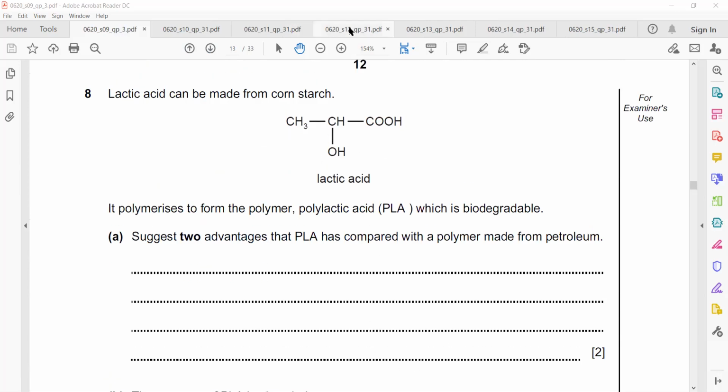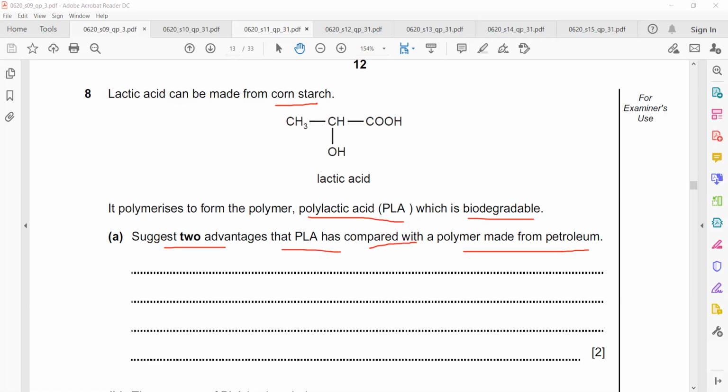In this question, lactic acid can be made from cornstarch. It polymerizes to form a polymer which is known as polylactic acid, PLA, which is biodegradable. Suggest two advantages of this polylactic acid compared to the polymer made from petroleum.